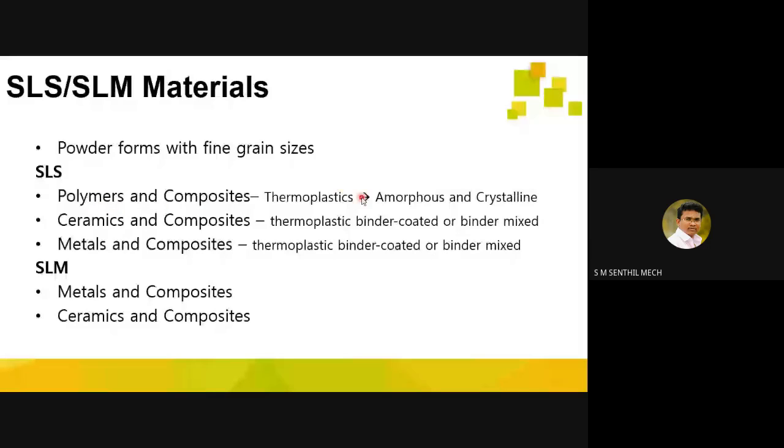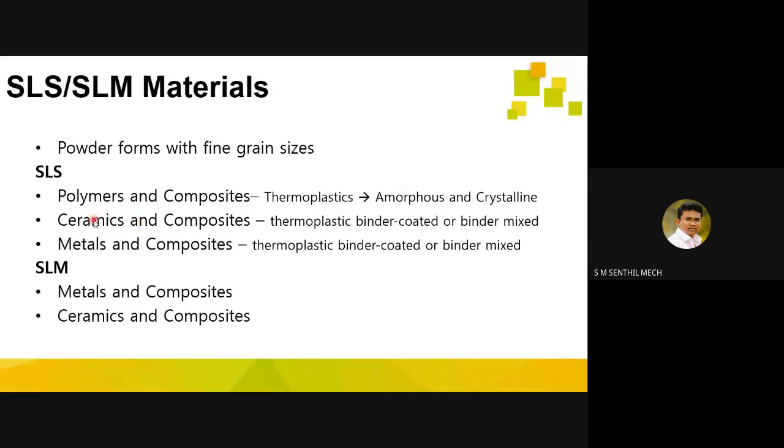As I told you during the classification of plastics, it can be divided into thermoplastics and thermosets. Thermosets can't be reused, whereas thermoplastics can be reused and reshaped easily. Thermoplastics are of two categories, amorphous and crystalline, and both forms are used depending on the application required.